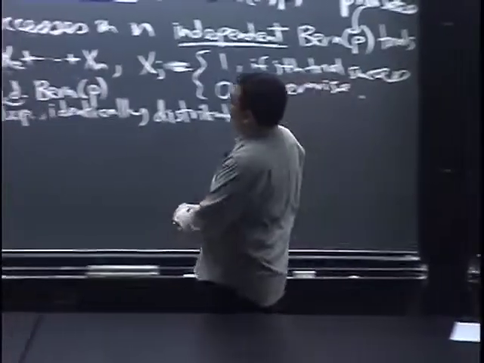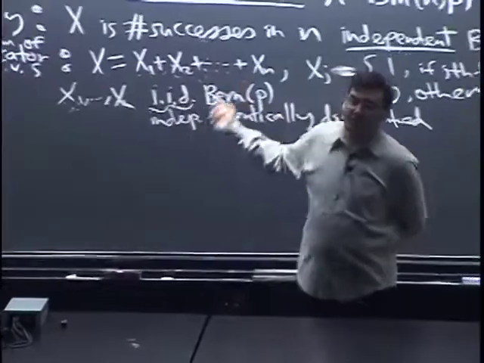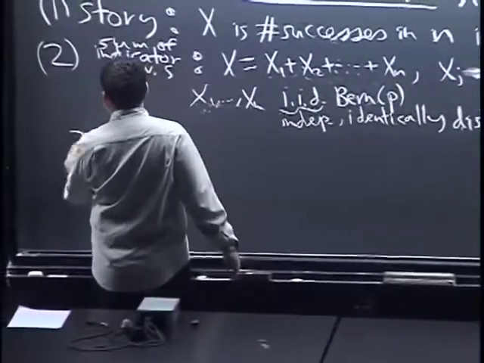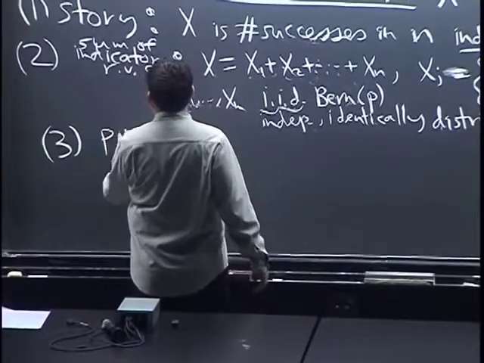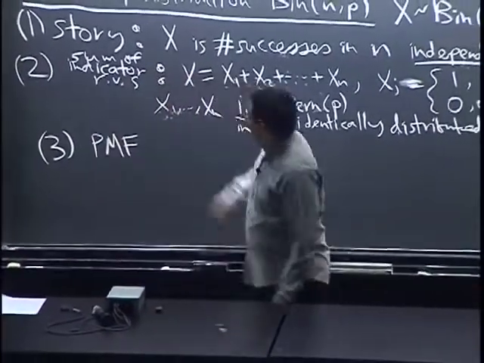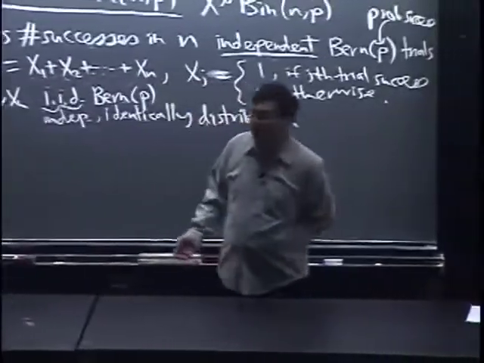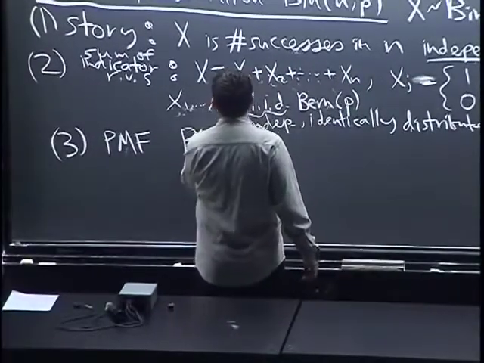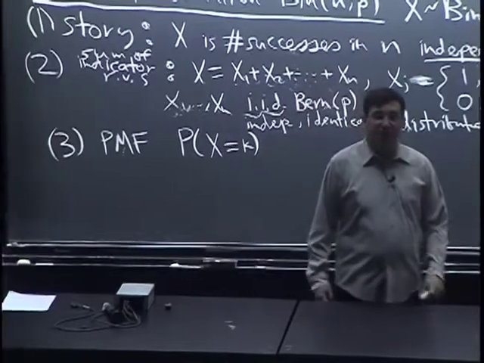So all this is saying is just decompose the number of successes as add 1 every time you have a success, okay? And then the third way, which we also mentioned briefly last time, is to write down the PMF. I'll talk more about PMFs today, but I introduced it briefly last time. That's the probability mass function, and all that is just saying what's the probability that X takes on any particular value.